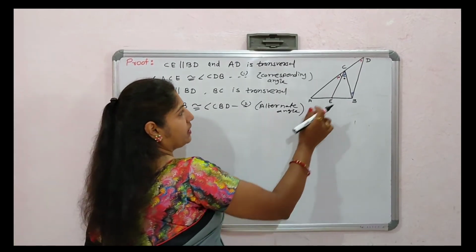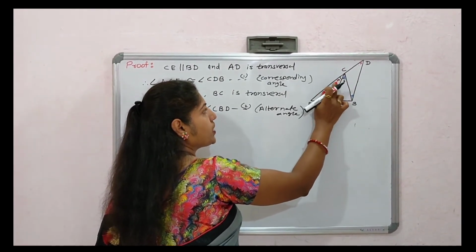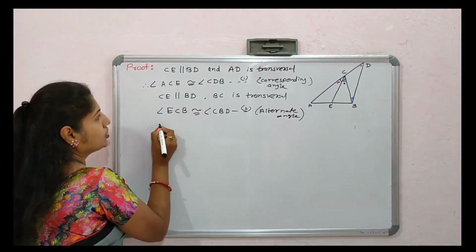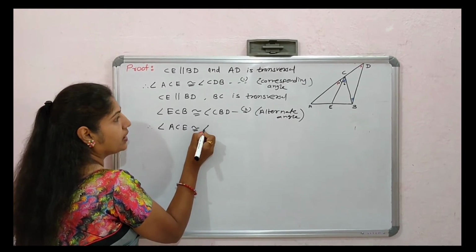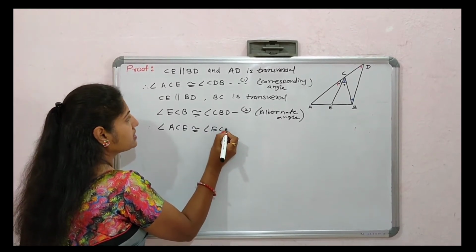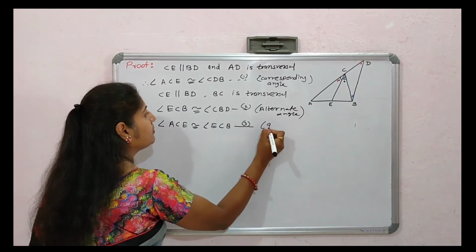Now given CE is an angle bisector, so these two angles are equal. So angle ACE is congruent to angle ECB, number 3, that is given.